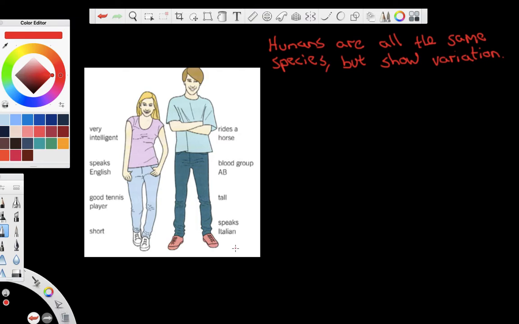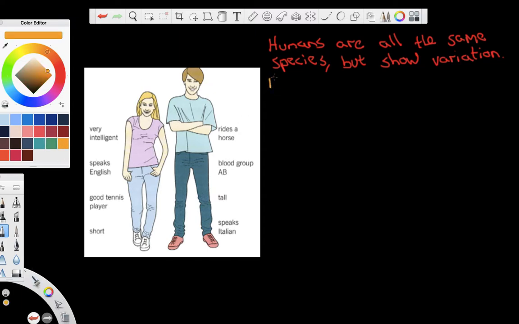But there are two types of variation that you need to know about. Environmental variation and genetic variation are two different things.